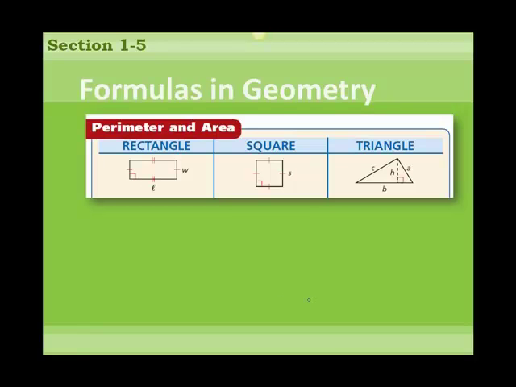So here we have a rectangle, a square, and a triangle. If we're looking at perimeter, perimeter just means distance around, okay?